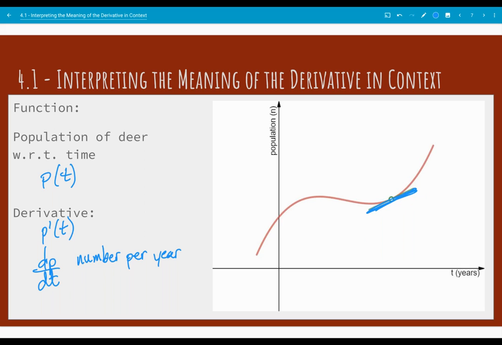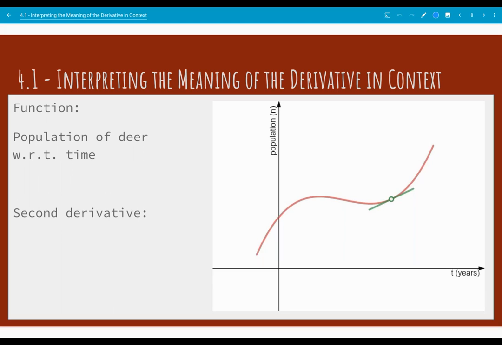I do want to take this one and look at it in the context of a second derivative. So remember, the second derivative is the derivative of the first derivative. So dp dt is the first derivative measured in deer per year. So it's telling us how fast that population is changing. The second derivative, so I'm going to say the derivative with respect to time of dp dt, which if you remember the second derivative notation, we write like this.